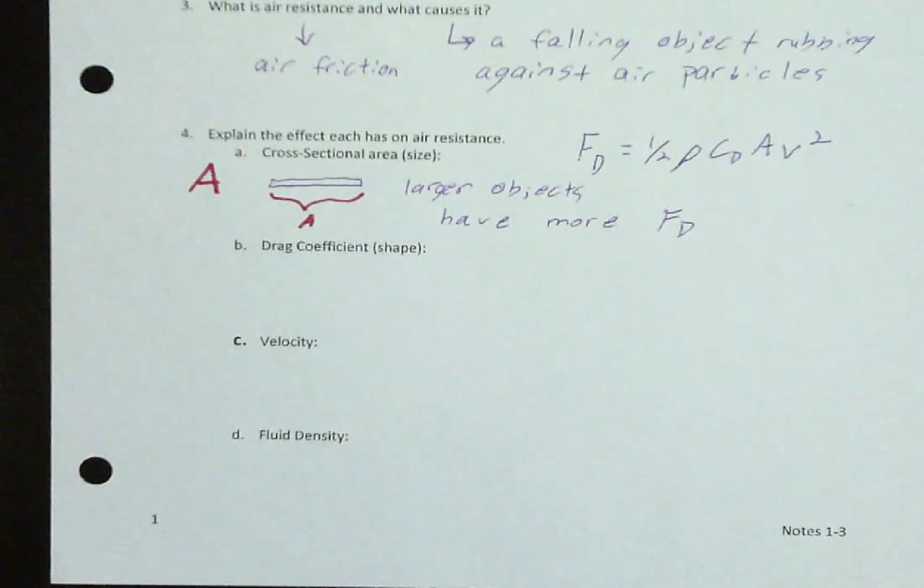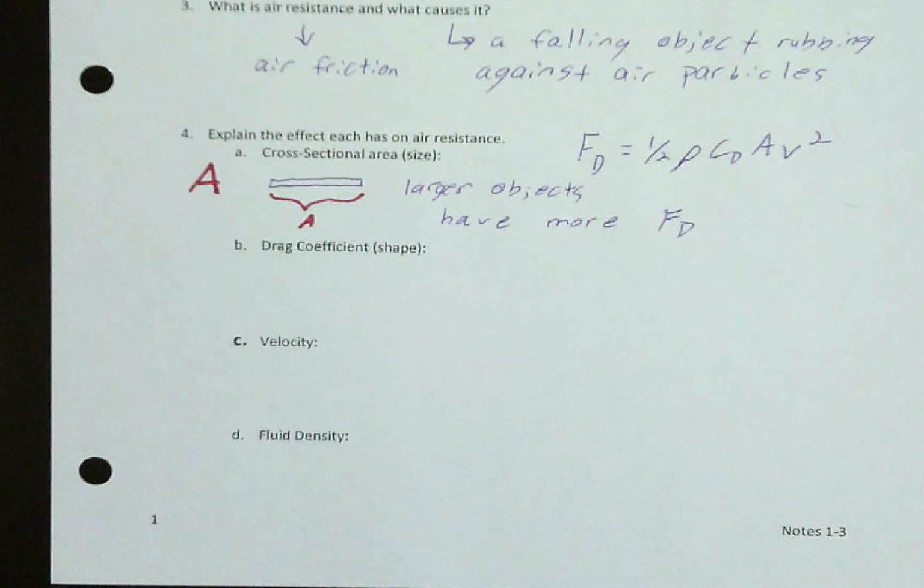So bigger objects are going to have more drag. If you have a giant boulder, it's going to have more air resistance, more drag than a smaller rock that's the same shape. It's just the size. The cross-sectional area will be different. So larger objects have more drag.